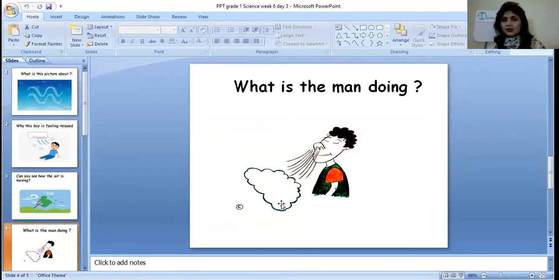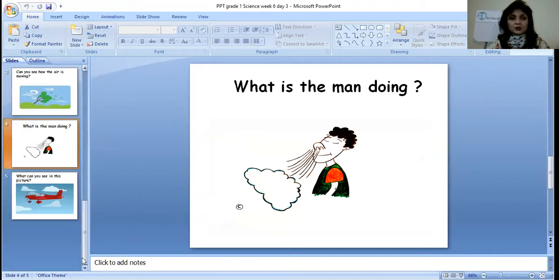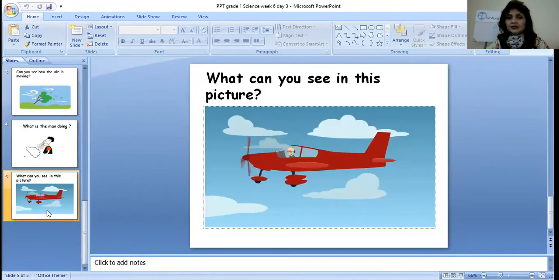Now, in this picture, what is the man doing? He is breathing. He is taking the air inside and taking it out, right? Again, we breathe because of air. And here you can see that this picture is about an airplane, right?